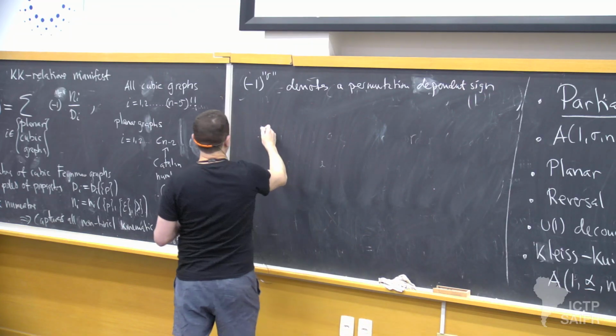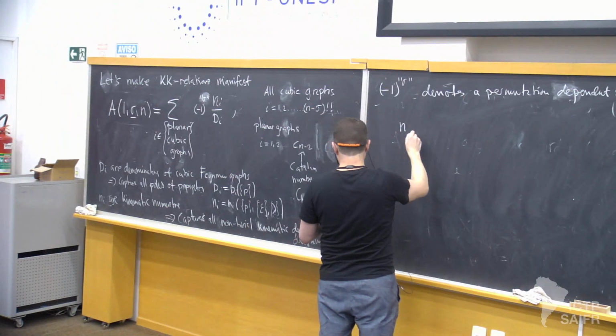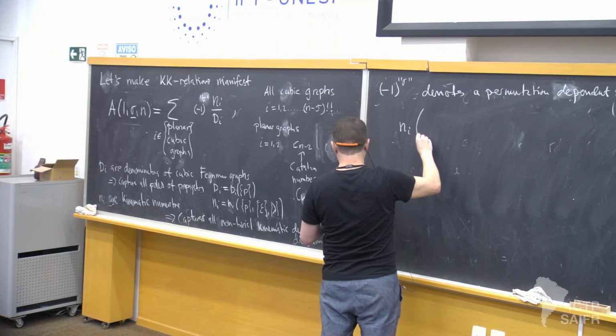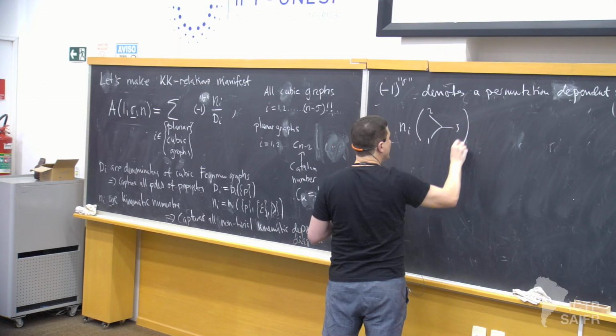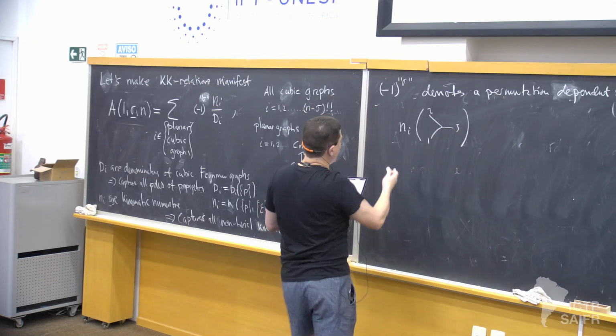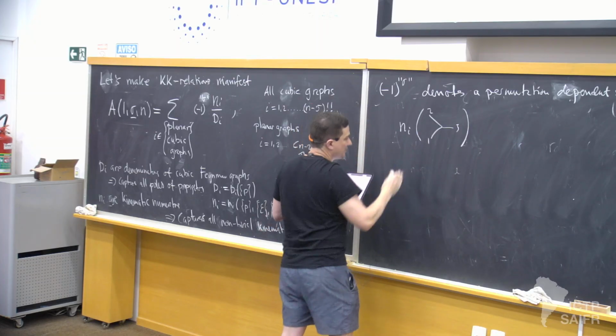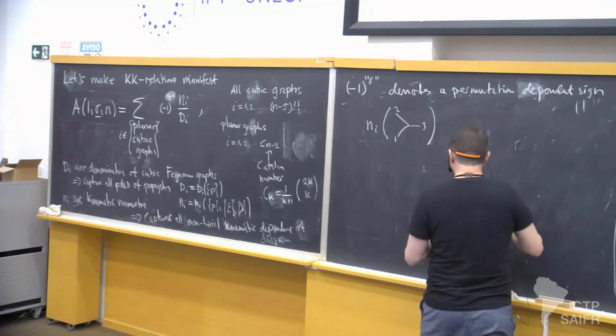So for example, let me write the numerator for this graph, 1, 2, 3. I'm just going to do it very schematically. The numerator is a function of that graph. This is what this notation means.